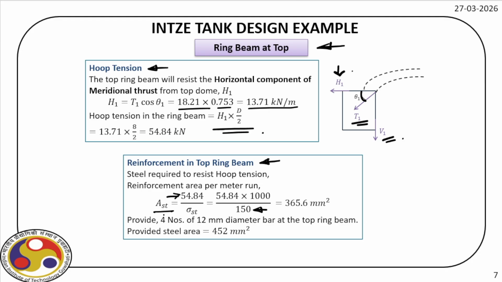So we can now find out AST, which is 356.6 millimeter square. So what we can do, we can provide 4 number of 12 phi bars at the top ring beam. So the area provided is 452, which is more than the area required, and therefore the design is okay.